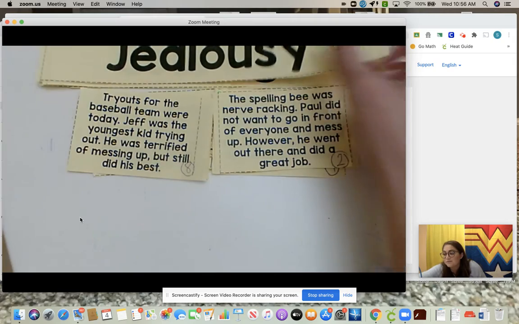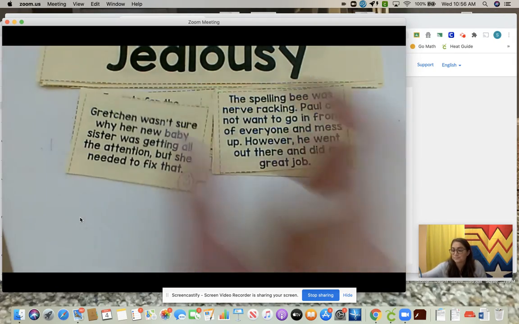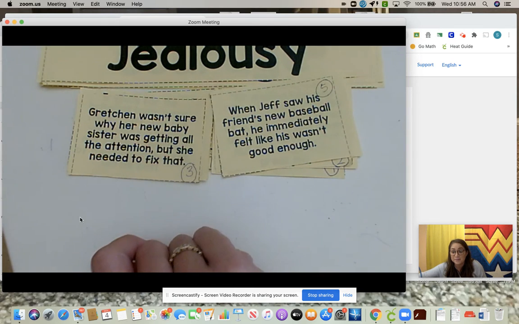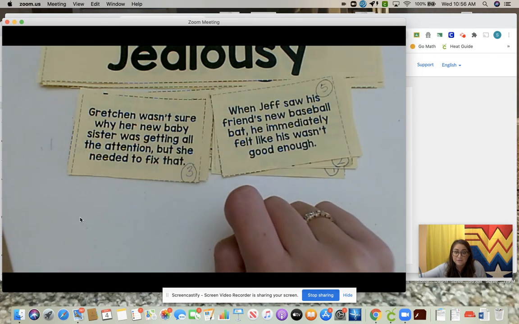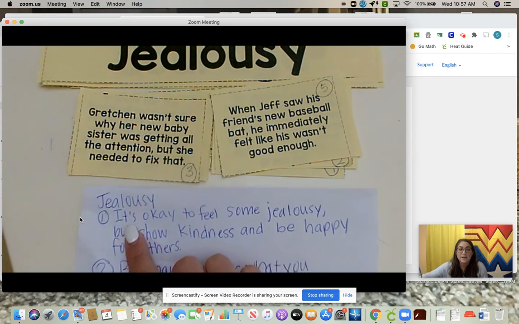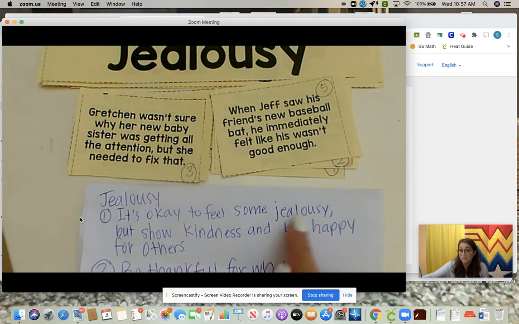And then last, we have jealousy. Gretchen is jealous of her baby sister, and Jeff is jealous of his friend who has an awesome new bat. So for jealousy, we have a couple. It's okay to feel some jealousy, but show kindness and be happy for others. So that's what we need to do.